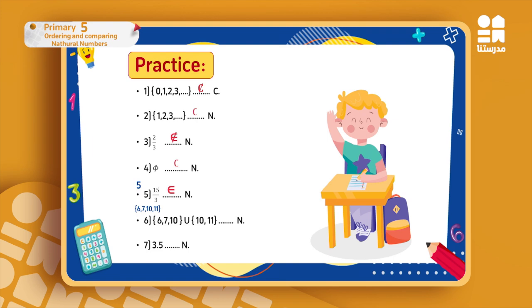Okay, this set, is it a subset or not a subset of N? It is, of course, a subset of N, because all of the elements are whole numbers, and we said that the whole numbers starting from 0 till eternity are a part of N.